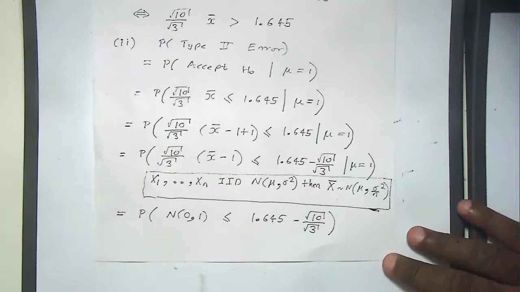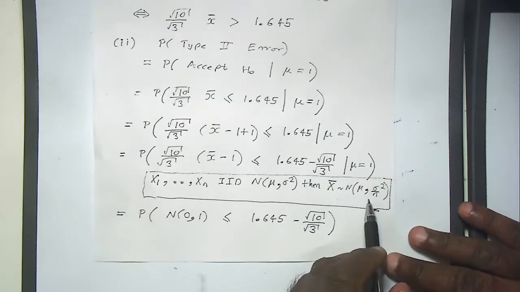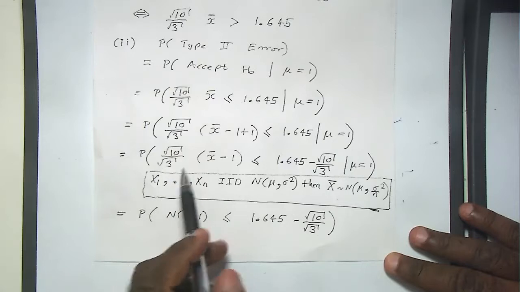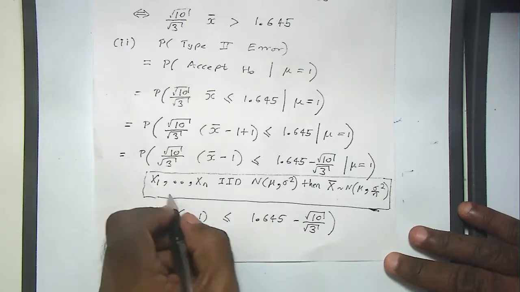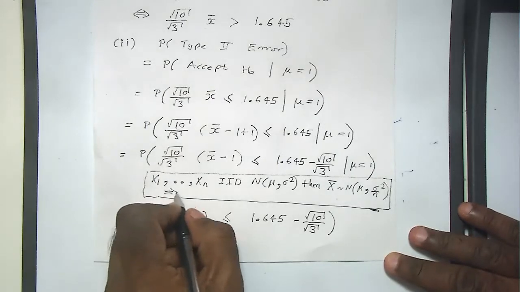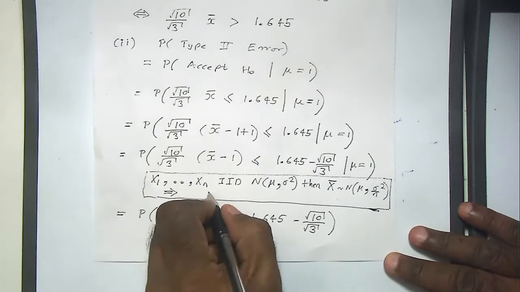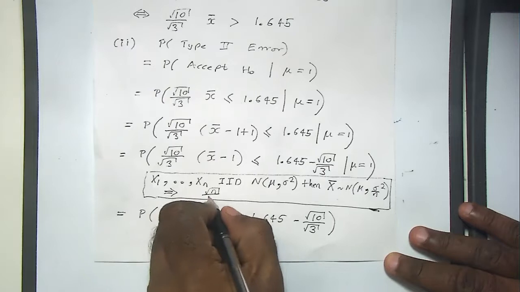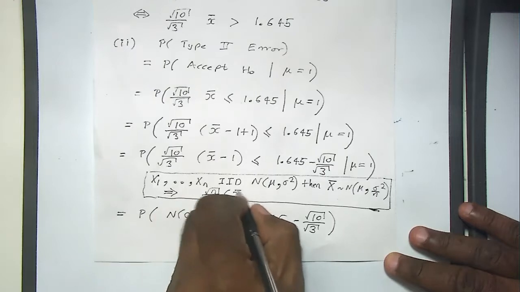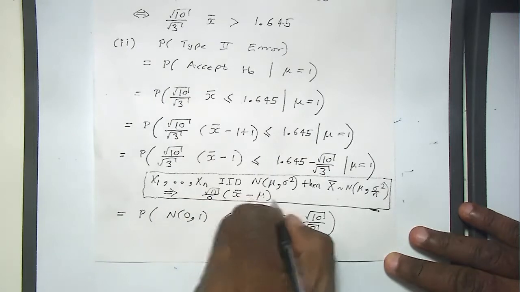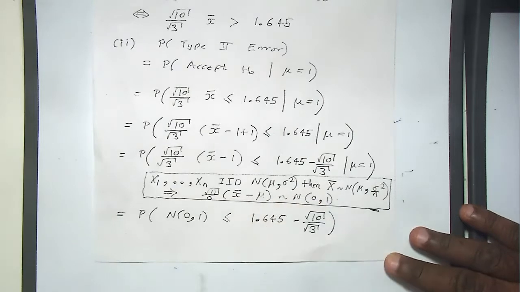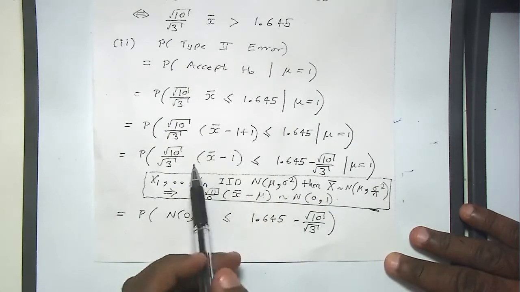Okay. All right. Do you follow what I'm saying? This because using this fact, right? You can say that after standardization, right? Or in other words, maybe I should write it here. This implies that root of n divided by sigma times x bar minus mu follows the standard normal distribution. Right? And this is what I have used here. Right?